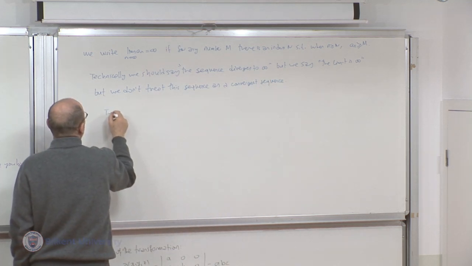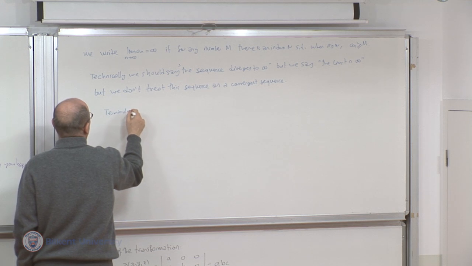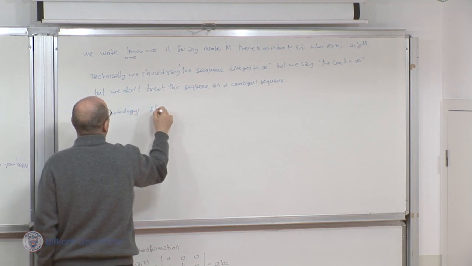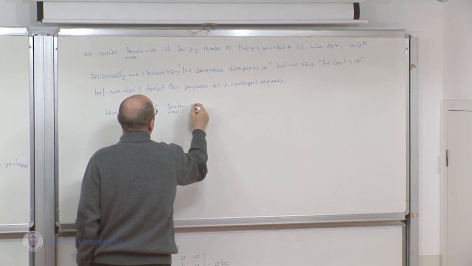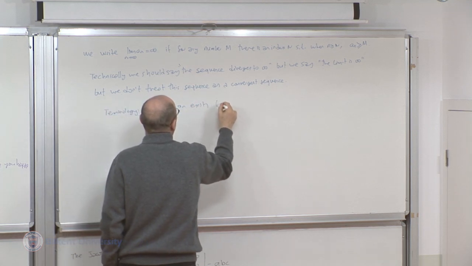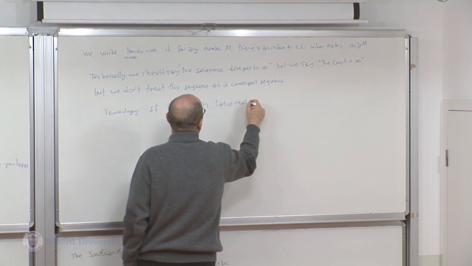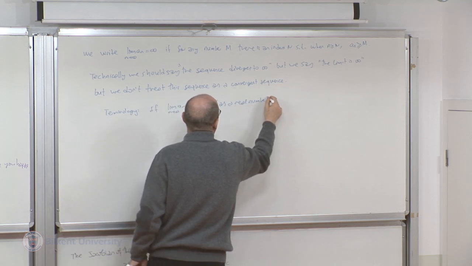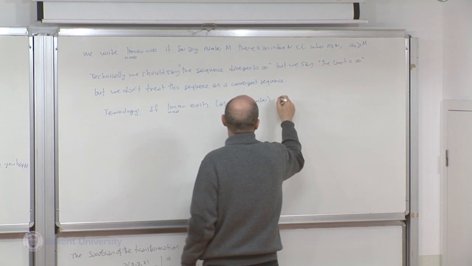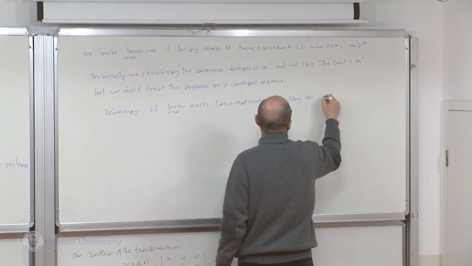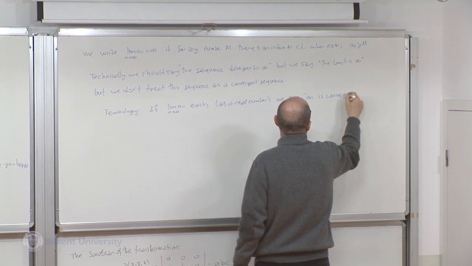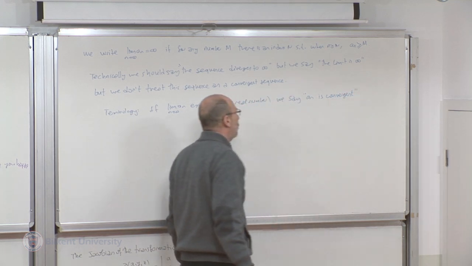Okay, so terminology. If limit a_n as n goes to infinity exists as a real number, like there, we say a_n is convergent. That's the terminology we use.